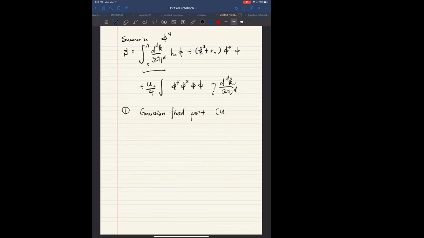Okay, so what we learned before, the Gaussian fixed point, basically corresponds to mu naught and h naught being 0, right? So there's no this term, no this term, and no this term. Okay, only this term. And then we can integrate out the fast modes and rescale the momenta and also the field.